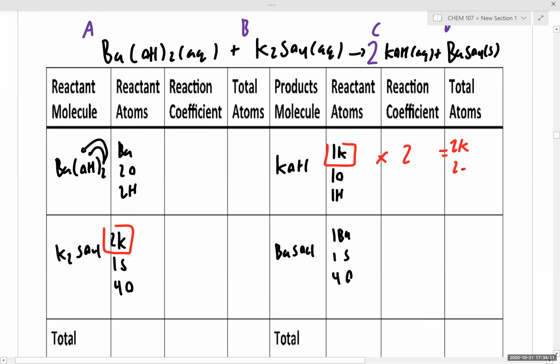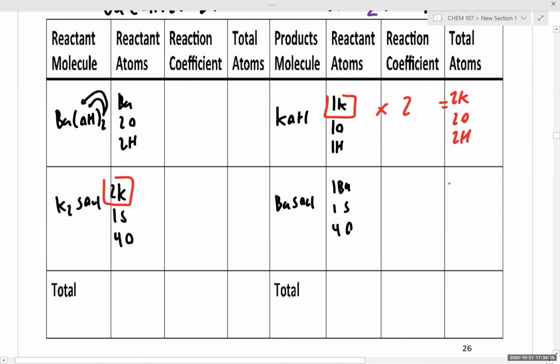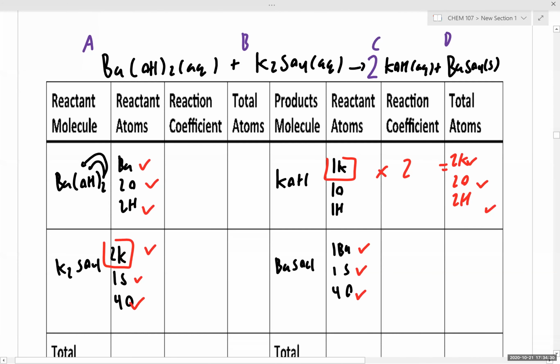So we get 2 potassium, 2 oxygen, and 2 hydrogen. In turn, we see barium's balanced, sulfur is balanced, oxygen's balanced, hydrogen is balanced, and potassium is balanced. So we now have our final balanced chemical equation with only a single coefficient needing to be changed. Does this example make sense to everyone?